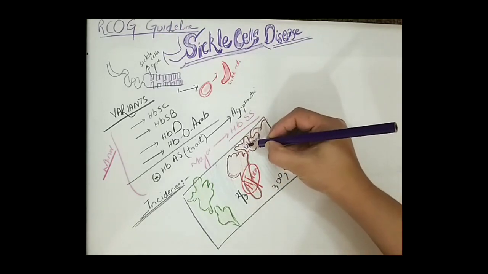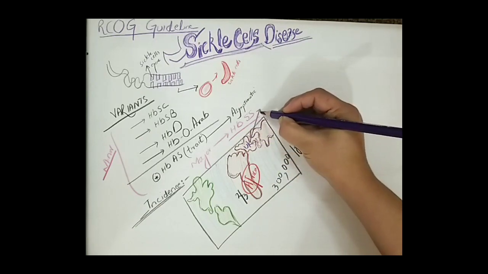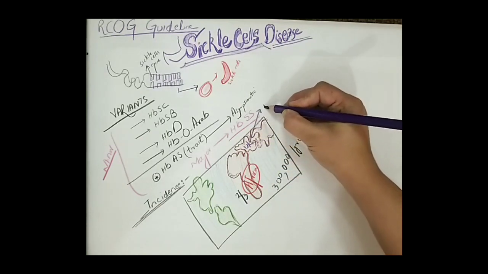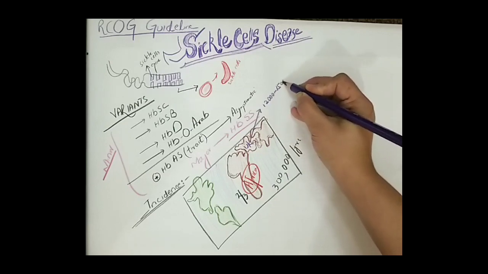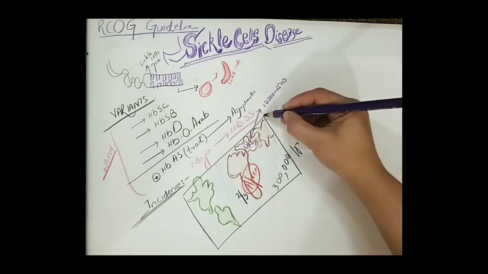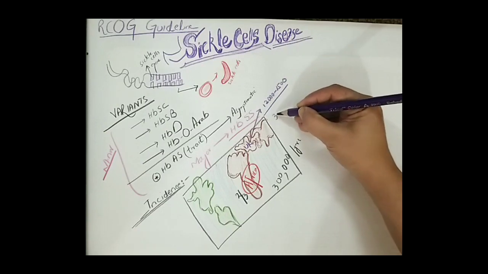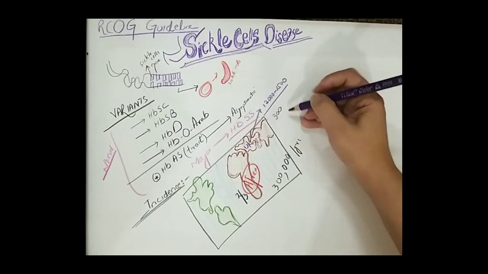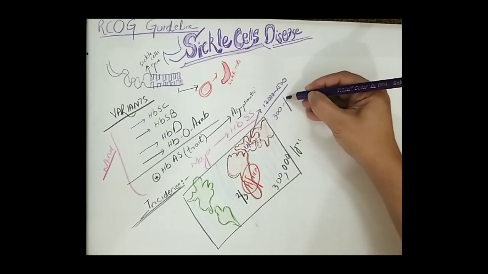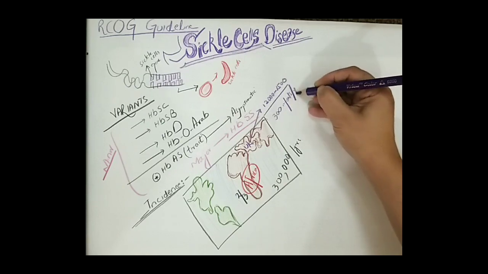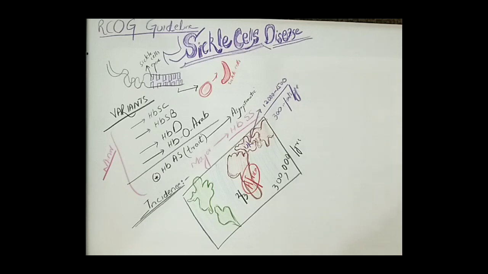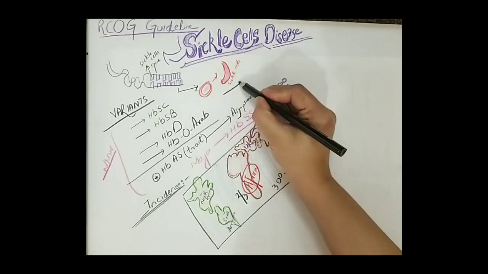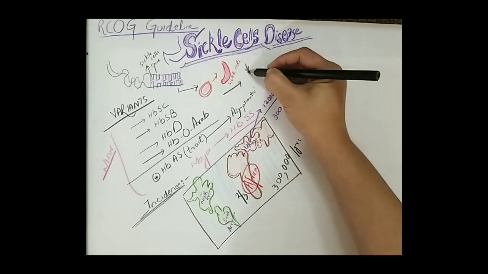As far as the UK is concerned, it is said that there are 12,000 to 15,000 affected individuals and over 300 infants born with sickle cell disease in the UK each year, who are diagnosed as part of the neonatal screening program. Okay, and how many pregnancies? 100 to 200 pregnancies are affected by this.